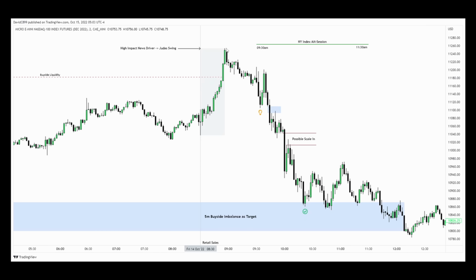And we're looking for opposing direction back into this 5-minute buy side imbalance. We want to see a bearish order flow and price to seek sell side liquidity.